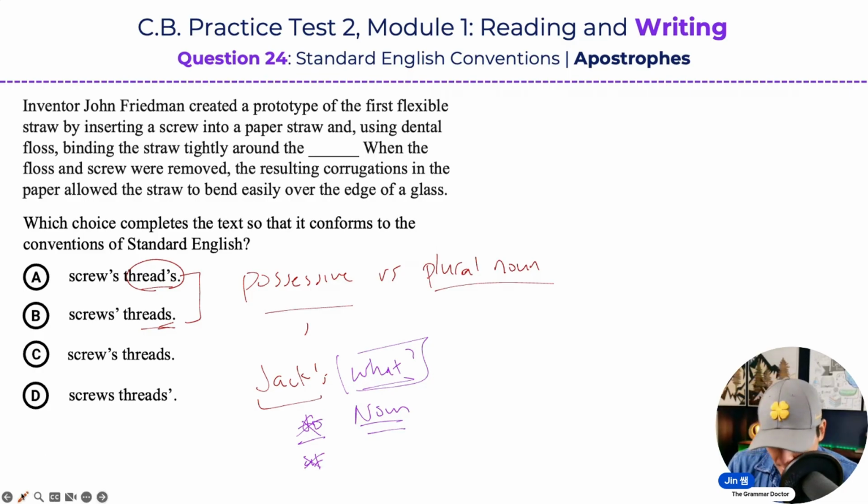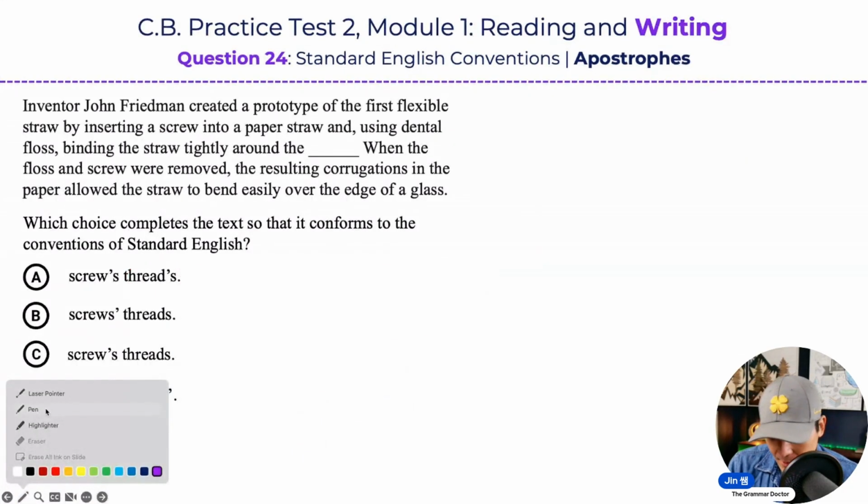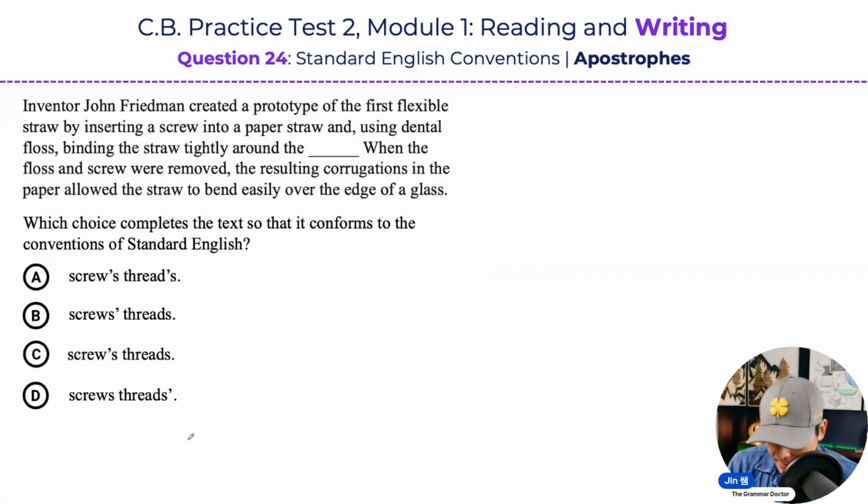So how is that information helpful? Well, if you notice answer choice A here, when you say threads with the apostrophe, well, the threads what? There has to be some kind of noun for the threads to possess, but there is no noun for the threads to possess.